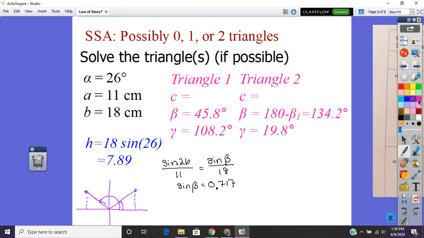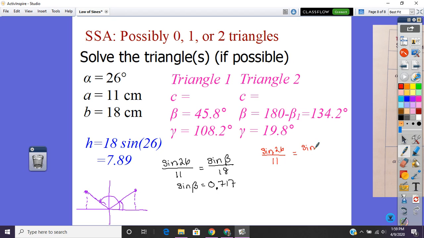And then I'm going to set up and find the gammas. And keep in mind, these black numbers that we started with here, so our alpha, our A, and our B, that is true in both triangles. So I can still use all of this stuff. So I'm still going to set up and use my sine of 26 over my 11. That's going to be kind of my baseline thing here. But now I've got to come over here and do 2 different triangles.